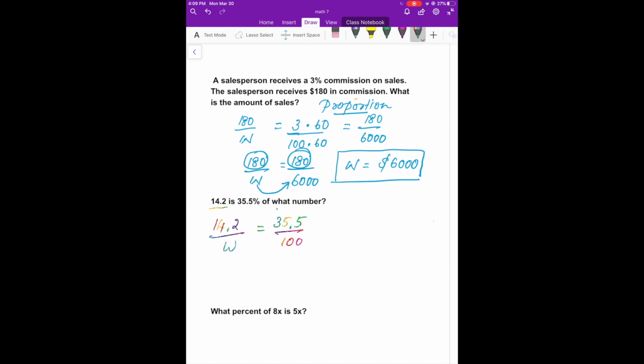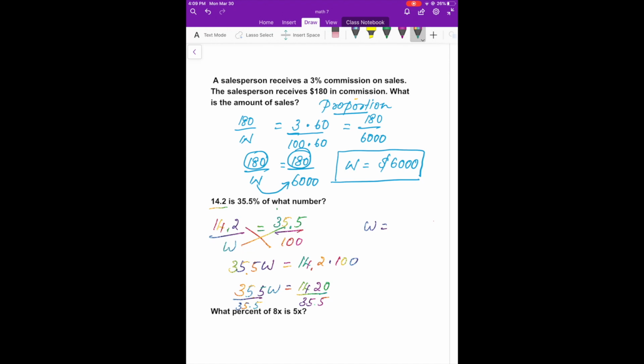It's better to cross multiply. So 35.5 W is equal to 14.2 times 100. When I move the decimal to the right, multiplying by 100, that's 1420. So you need to divide both sides by 35.5.